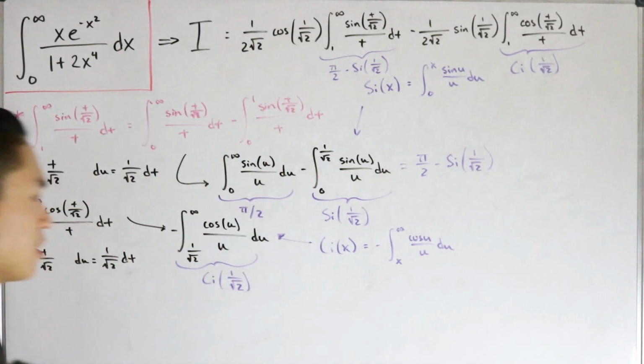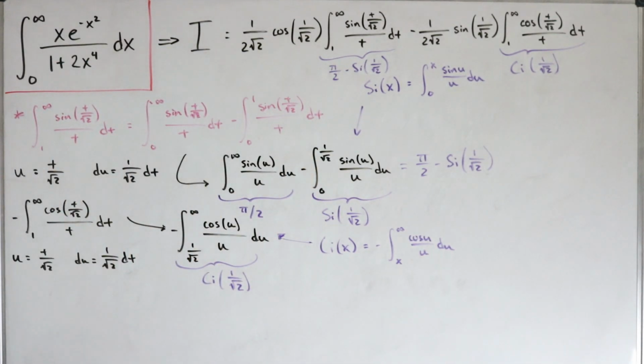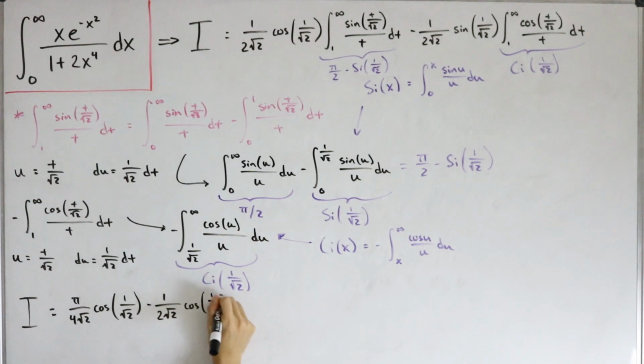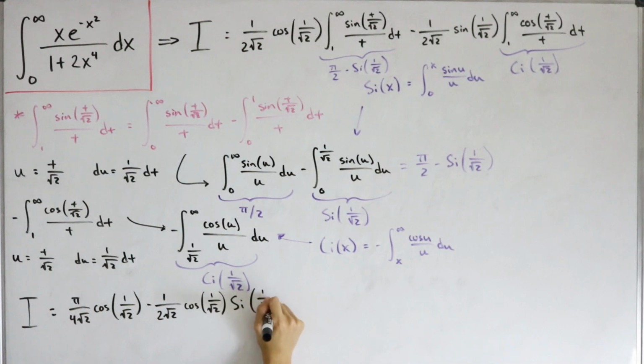So our final answer, capital I, is going to be written as the following, after evaluating everything we needed to do. If I distribute everything, our final answer is pi divided by 4 times the square root of 2, multiplied by cosine of 1 divided by the square root of 2, minus 1 divided by 2 times the square root of 2, multiplied by cosine of 1 divided by the square root of 2, multiplied by the sine integral evaluated at 1 divided by the square root of 2.